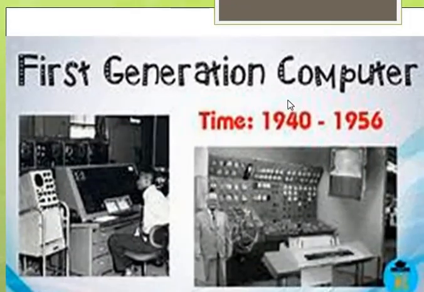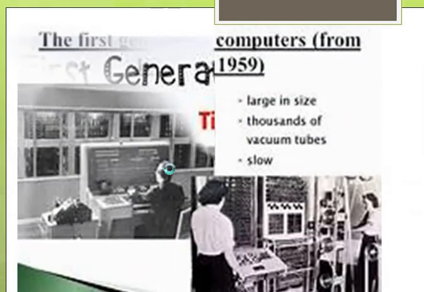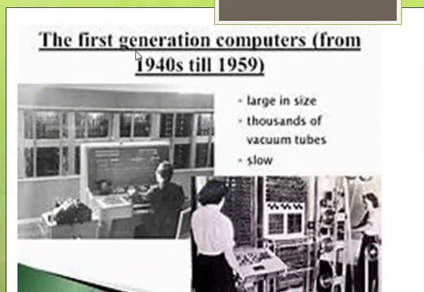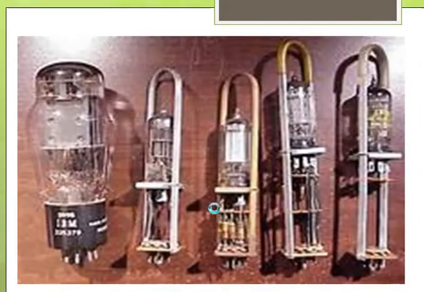First is first generation computers. The first generation computers, the year 1940s. They are large in size, use thousands of vacuum tubes, and are very slow. This is the picture of vacuum tubes.